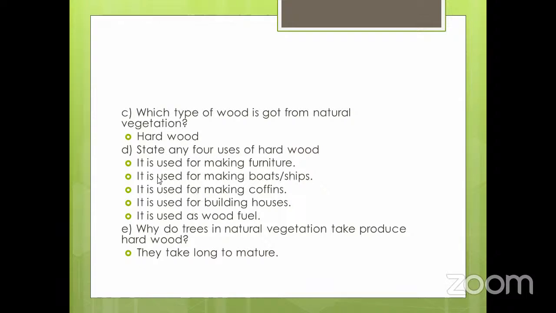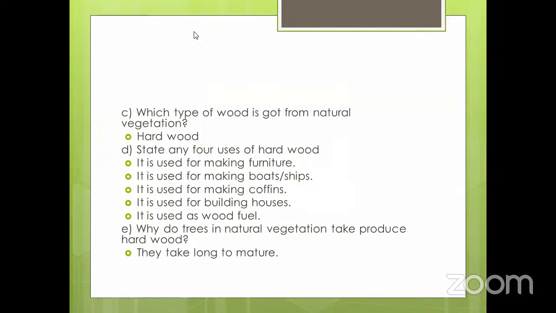So I was saying that in primary 6 or P7, they can ask you to name the type of natural vegetation that provides wood for making boats or for making ships. And if they ask you that question, which type of natural vegetation can you give? Is it savanna?